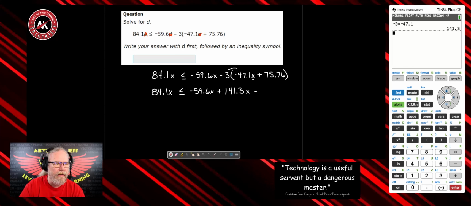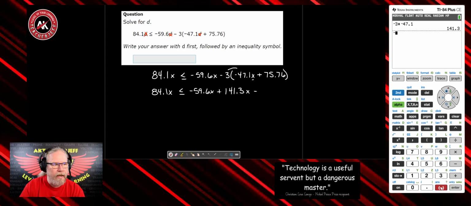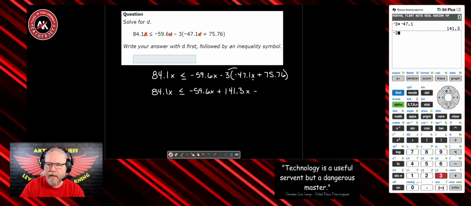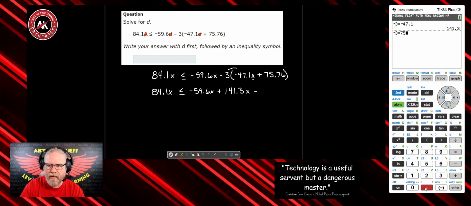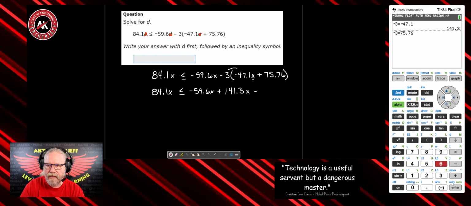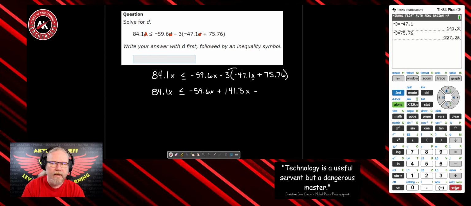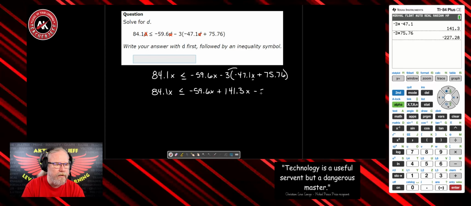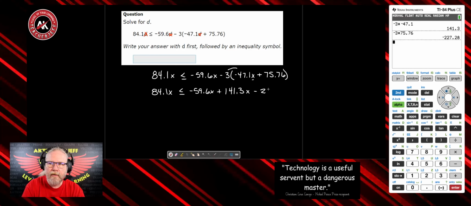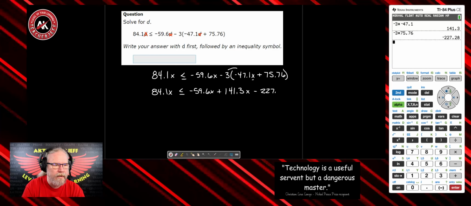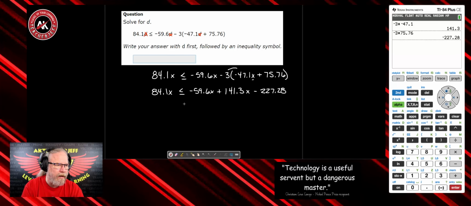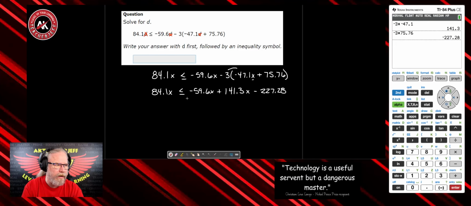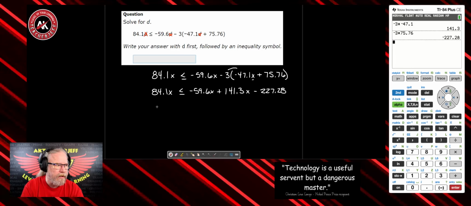And then we have a negative 3. We're going to multiply that times positive 75.76. And that's going to give us a negative 227.28.